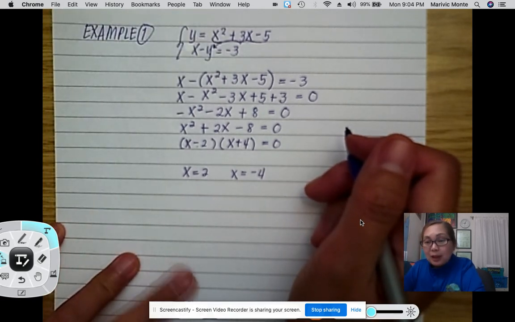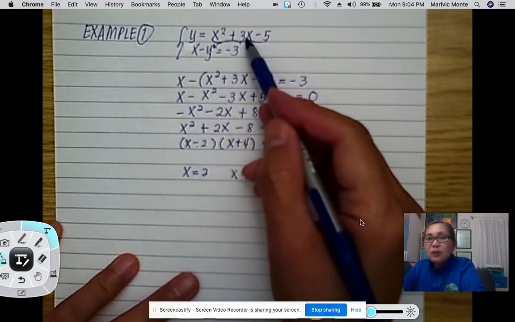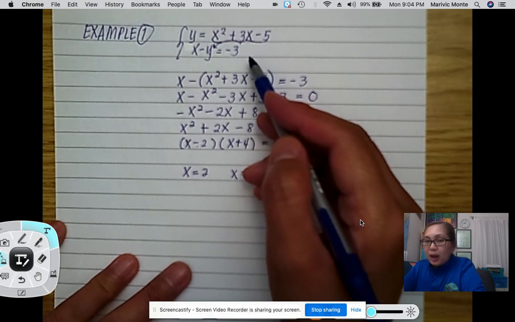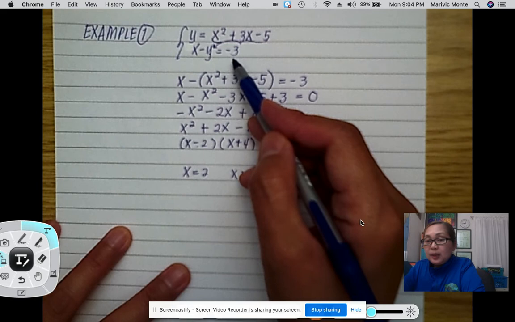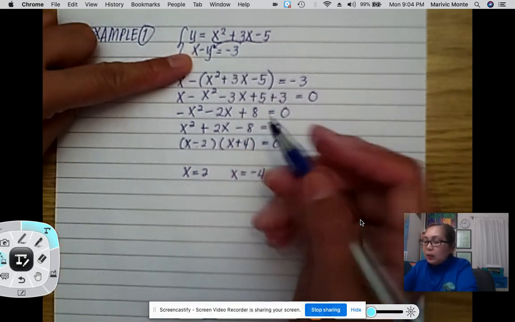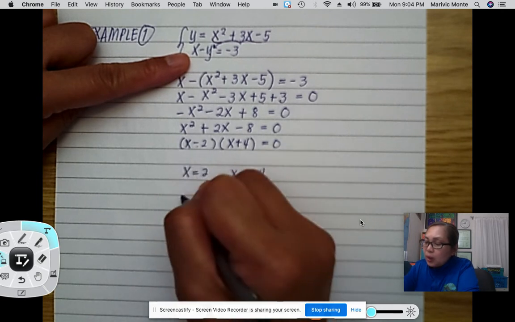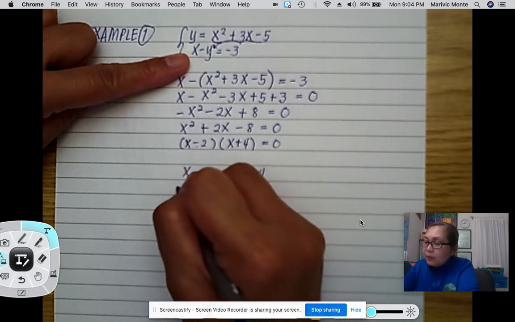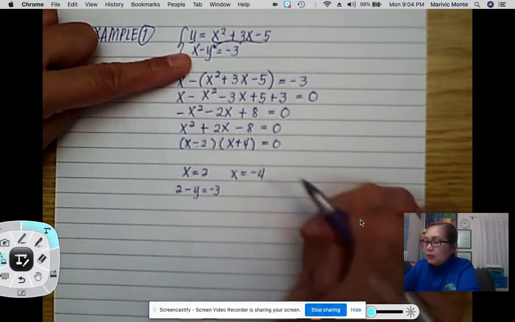Our x values, which we are going to substitute into one of these equations up here to get our y values. Now, I would choose the linear equation just because it's easier to work with. So using the linear equation and substituting the value of x equals 2, I'm going to have 2 minus y equals negative 3.